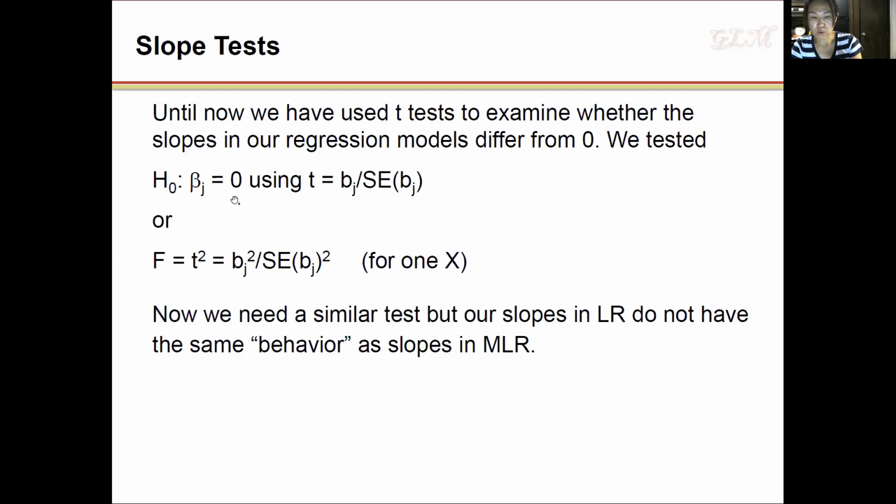Beta equals 0 is the null hypothesis, and the test value is a t-test for regular regression, and the F-test for the regular regression model test is the t-squared. The t-statistic equals b over standard error. But this is not working for logistic regression. Why? Logistic regression follows the Wald test, which is a type of chi-square test.